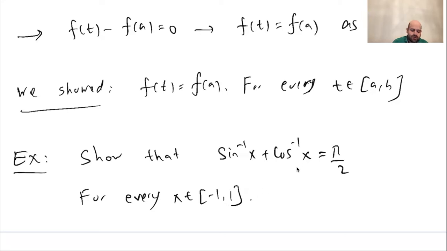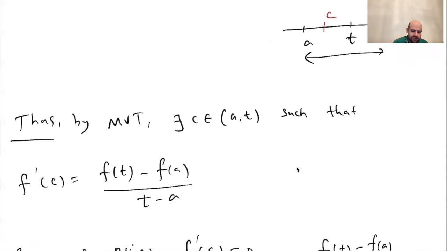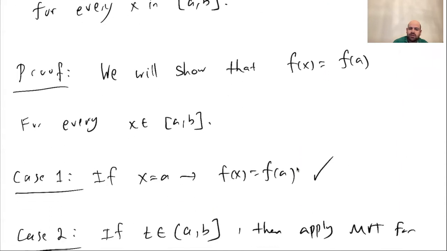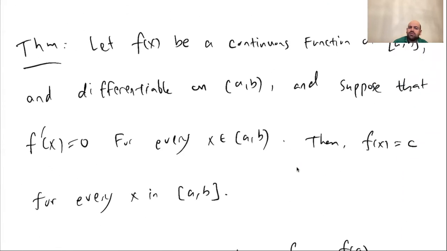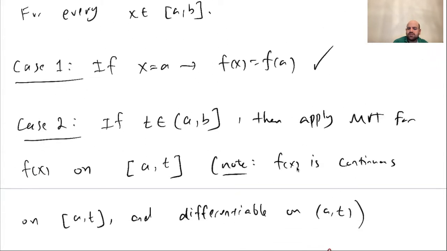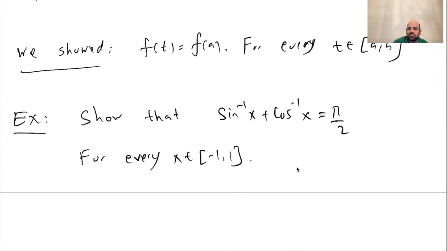See, if you look at the theorem we just saw, if we have a function with derivative 0, then the function must be a constant function. Well, here we want to show that this function is a constant function, and the constant is supposed to be pi half for every X between -1 and 1.